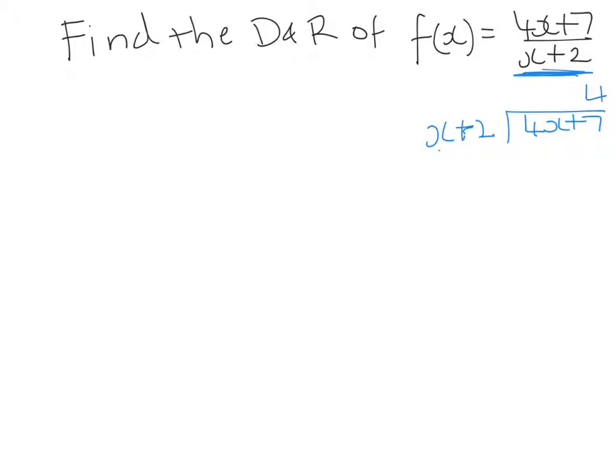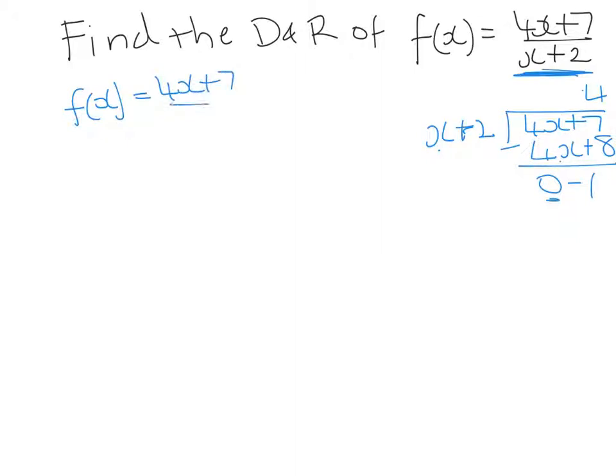So 4 times x is 4x, and 4 times 2 is 8. Now when we take them away from one another, 4x take away 4x is 0, 7 take away 8 is minus 1. So if f of x was equal to 4x plus 7 over x plus 2, we could write this as 4 and minus 1 remainder.